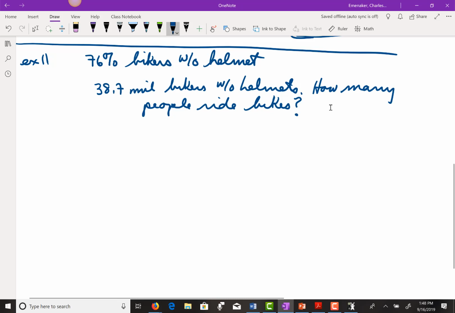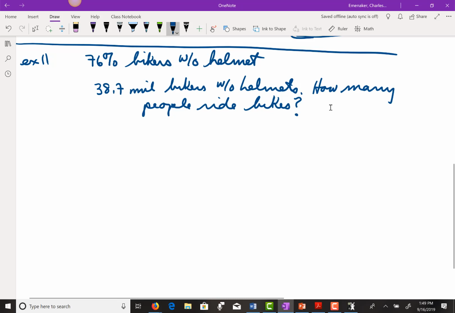So is the number who wear helmets going to be bigger or smaller than 38.7? It's going to be smaller. That's important because sometimes people will come up with some interesting answers and not give any thought to, well, wait a minute, my answer is supposed to be smaller. And just write down the answer and keep going and not even have thought, you know, this isn't right.